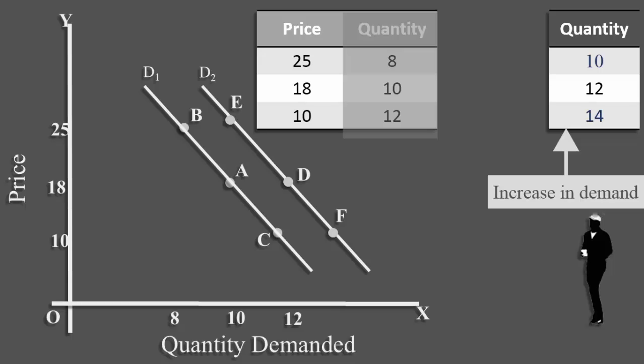Demand curve D2 is based on the new demand schedule. It lies to the right of the original demand curve D1. It is known as increase in demand. So the consumer is moving from demand curve 1 to demand curve 2.